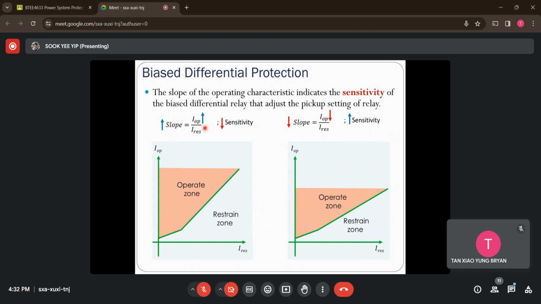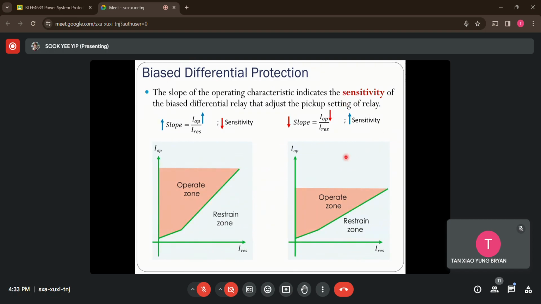In the event I have a high slope, you can see the operating current is directly proportional to the slope. High slope means I need a high differential current, so you need to supply a much higher current in order to make it operate. So whenever I have a high slope, this indicates I have low sensitivity for this bias differential relay. How about on the other side?